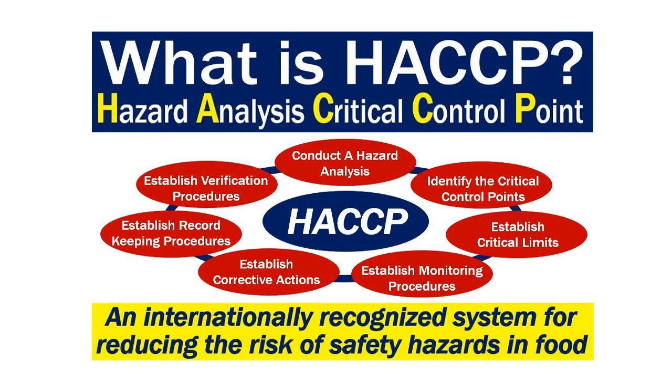Today we have discussed HACCP in general for understanding the concept of HACCP, which I wanted to make more simple and easy for undergraduate students. So it is hazard analysis and critical control point.